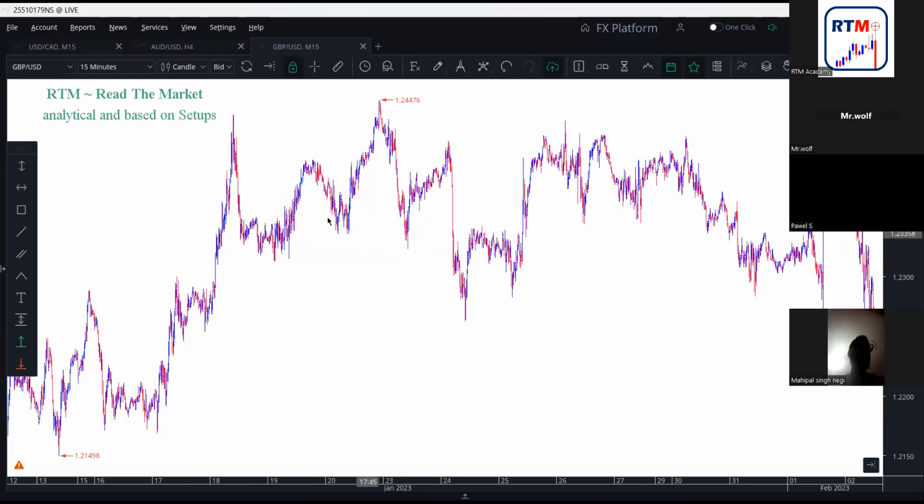As I remember, anyone who puts their steps in analytical RTM faces lots of problems in future, and most of them leave trading, and the rest change their way of trading.